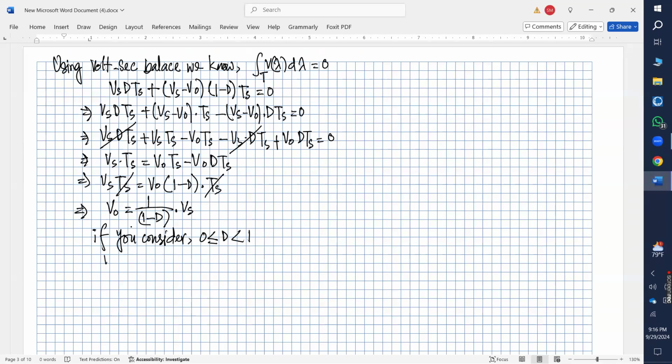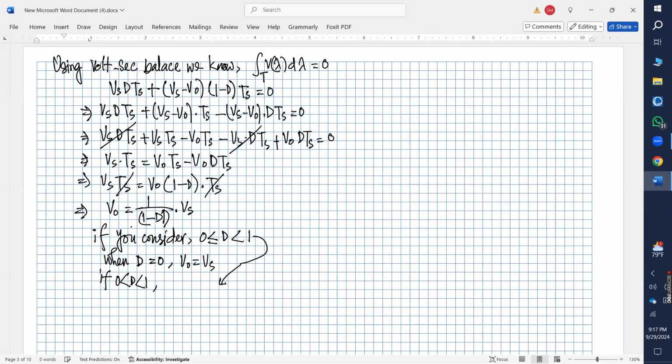When D is 0, your V naught will be equal to Vs, right? But if we are considering D in this region, greater than 0 but less than 1, then what will happen?